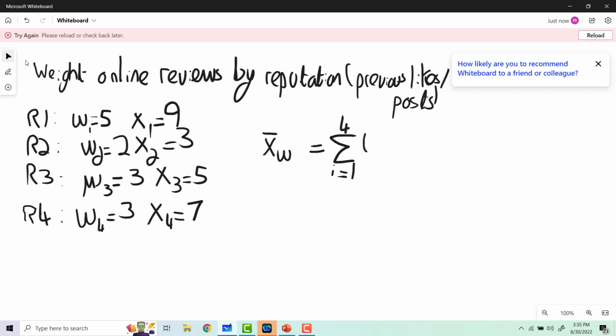And it's going to be the sum of the weight of i times xi, and we're going to divide by the total weighting.